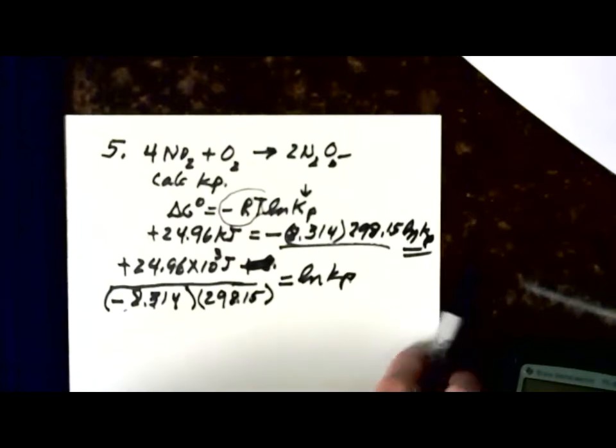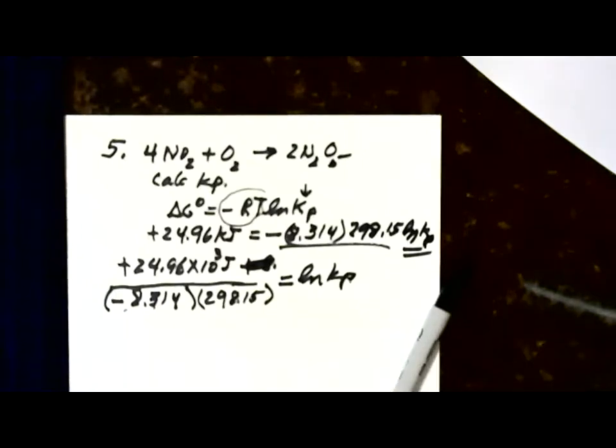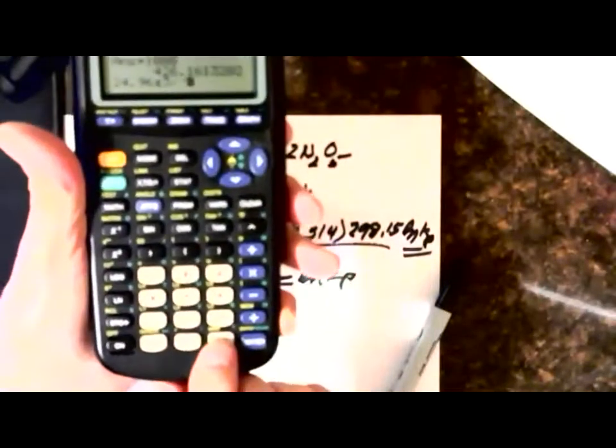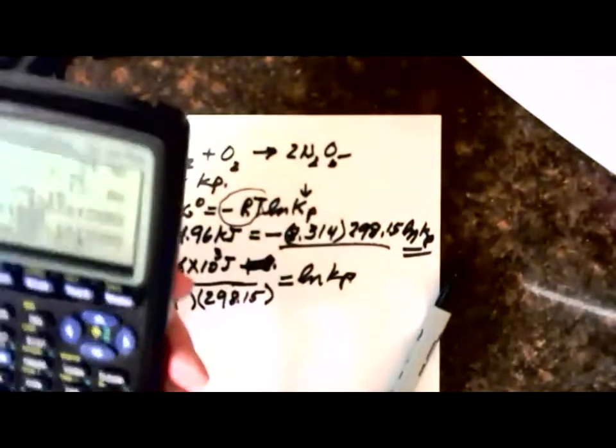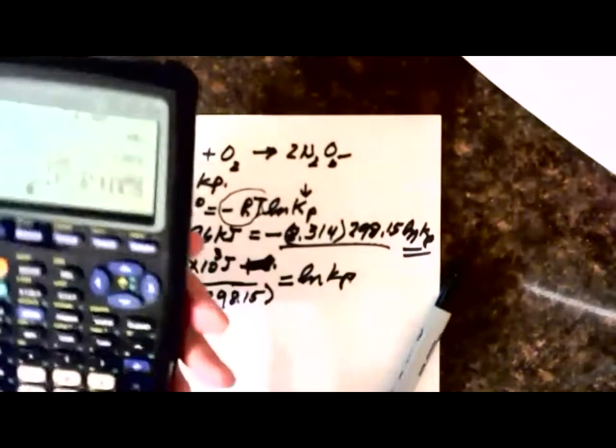Looks good, so let's do the math. So we get 24.96 with an exponent of 3, divide by minus 8.314 and divide by 298.15.